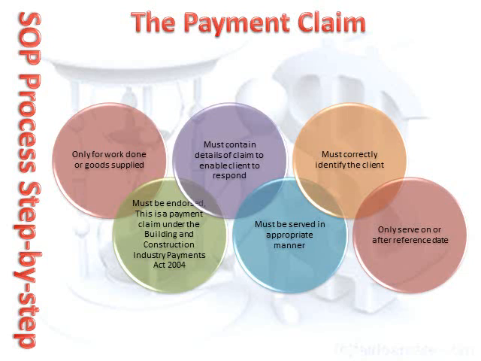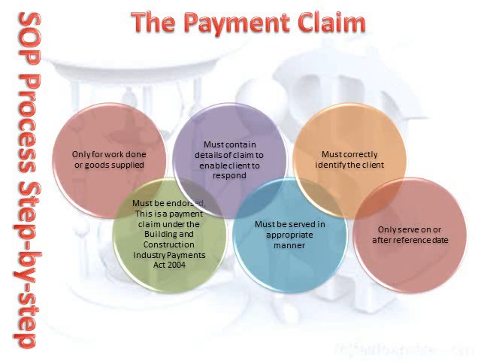Whilst there is no hard and fast rule for the amount of detail to be given, a good rule of thumb is that the detail should be sufficient so that a person who has no knowledge of the project can understand from the payment claim alone what the claim is for. The reason for this is the client is entitled to know what they are being charged for and enables the client to raise any issues or concerns regarding the amount claimed.